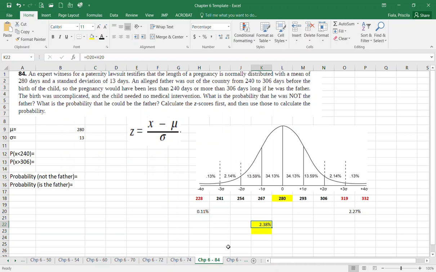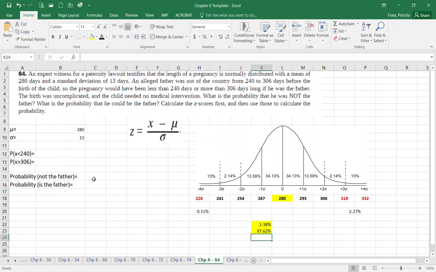I'm going to leave it right here so it doesn't confuse you. This portion right here, these two little ends, is the probability that he is the father. Everything else in the curve, which is 100%, is the probability that he's not, because he was out of the country. Therefore, it would be 1, or 100%, minus 2.38.